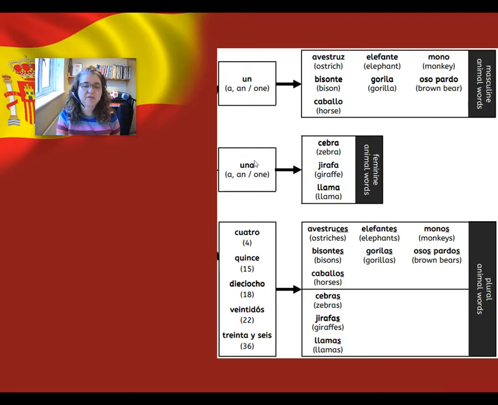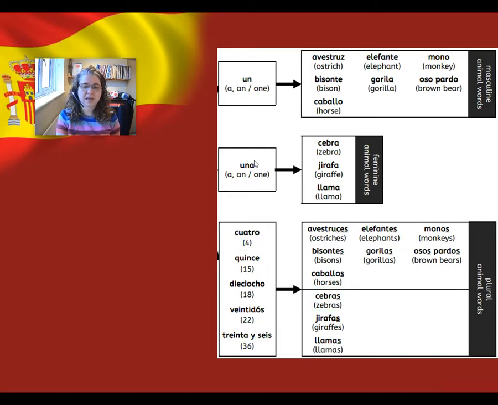How would you say four zebras? Have you found it? Cuatro cebras. When it's a number more than one, you can use the same number with masculine and feminine words.